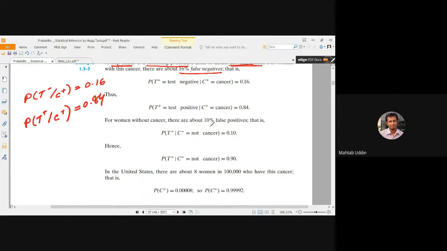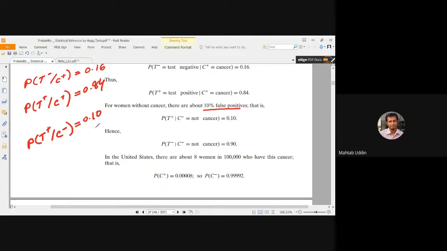Also, 10% false positive. What is meant by false positive? False positive means actually there was no cancer, but the test shows they have cancer. This is 10. In the similar manner, for not cancer, T plus has the complement T minus.